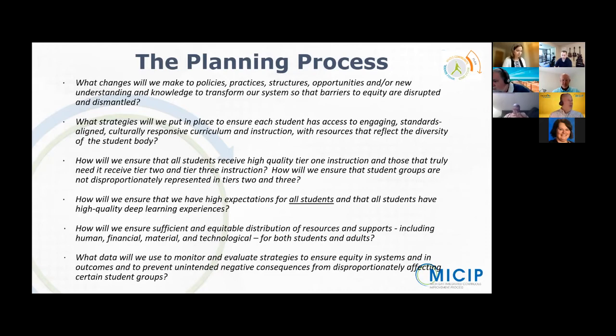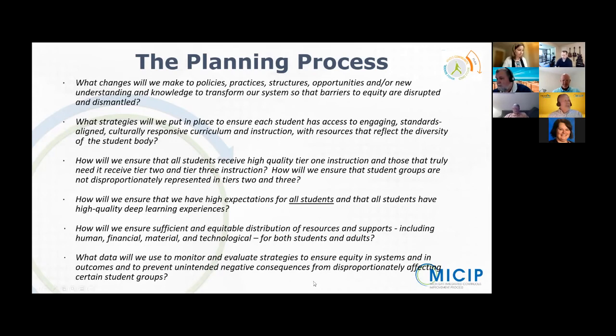Okay. And then finally, it gets at the monitoring and evaluation, because we are designing that as part of the planning process. So what data are we going to actually collect as part of our monitoring and evaluation process to ensure not only the equity in the systems, getting back to that systems piece, but also in the outcomes for students, and to prevent those unintended consequences from disproportionately affecting certain student groups as opposed to others?